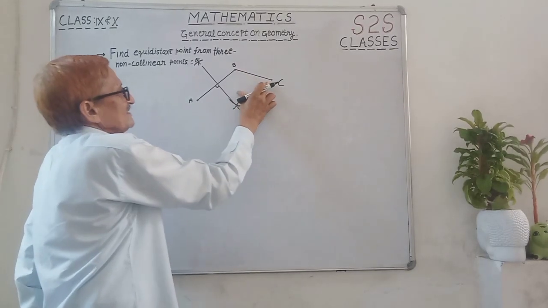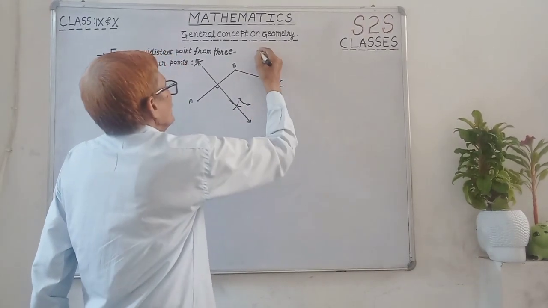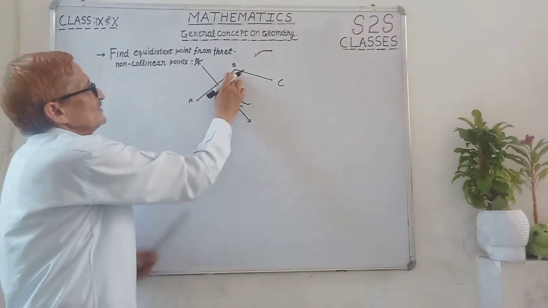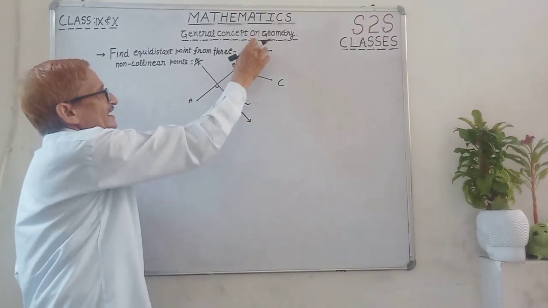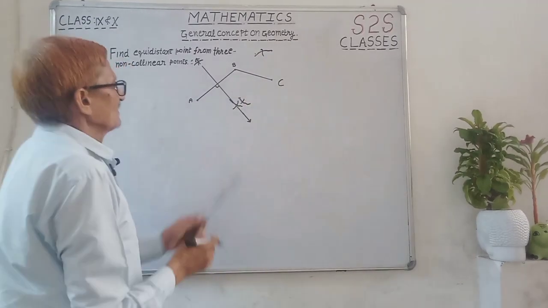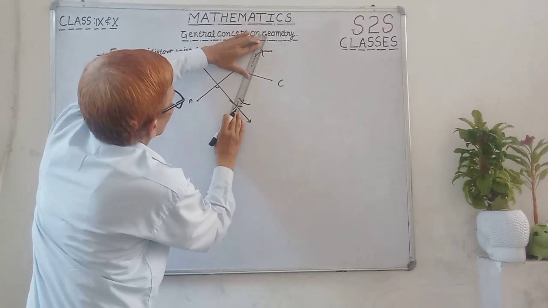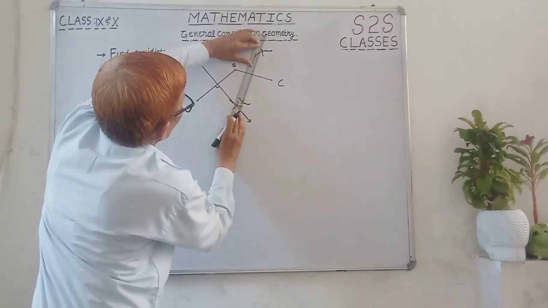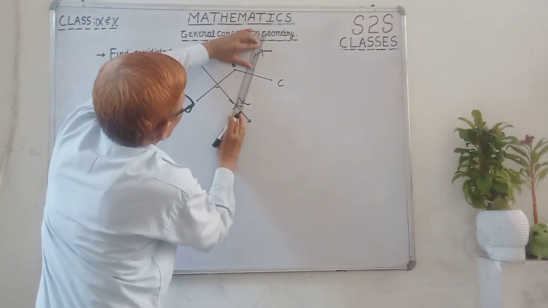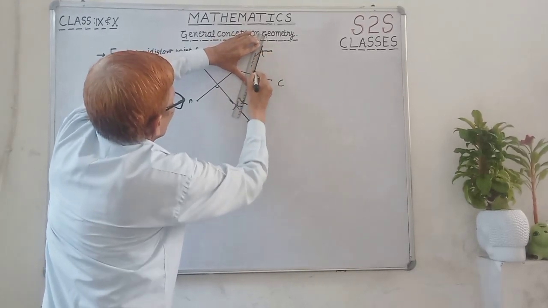Okay, and make the arc on both sides, up and down, and after that put the needle of your compass at B and make arcs. Where both arcs intersect, you will join them, and that will be the perpendicular bisector of BC, and after that produce this.